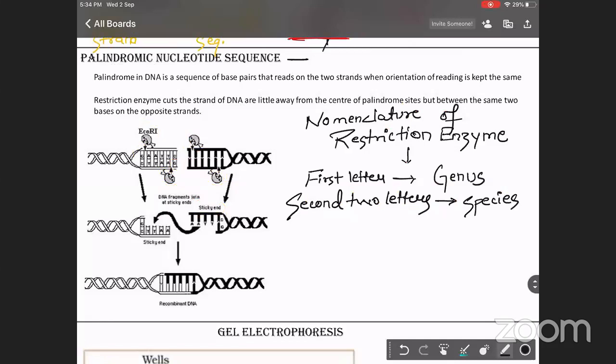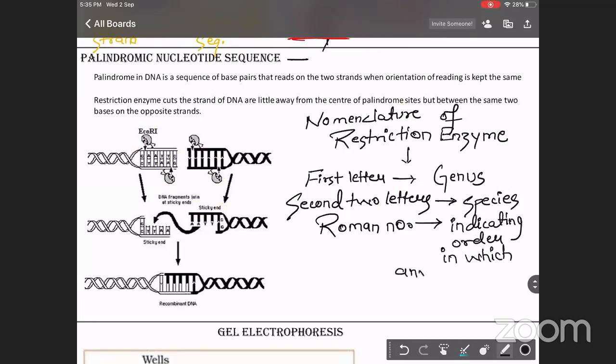If you see any Roman numbers, these Roman numbers are nothing but indicating the order in which any restriction endonuclease enzymes are isolated from any particular organism, species or genus. From E. coli we are getting two different restriction enzymes, so the Roman number can come after those as 1 or 2.